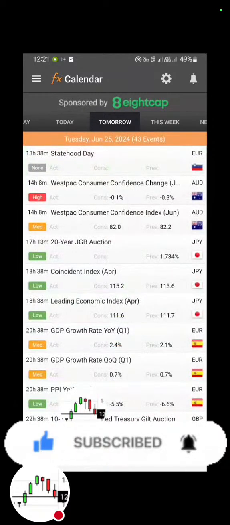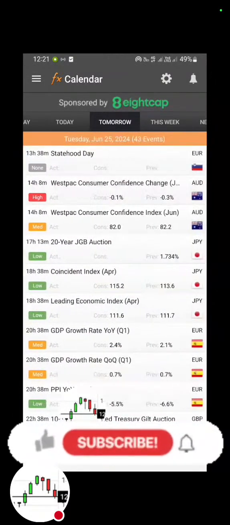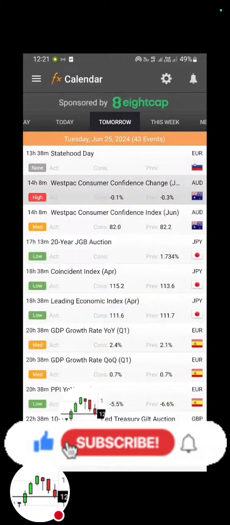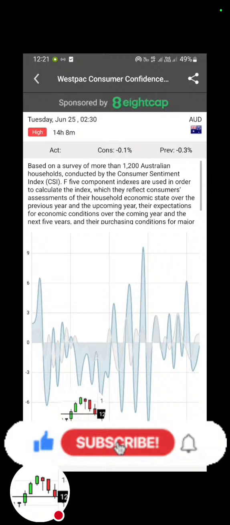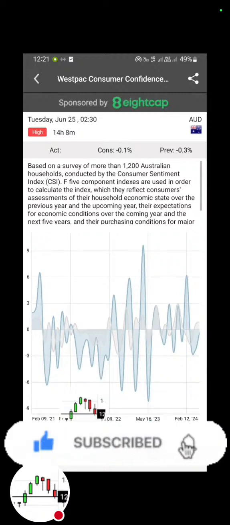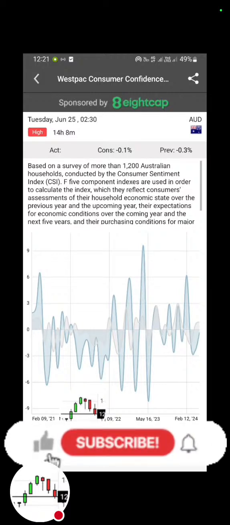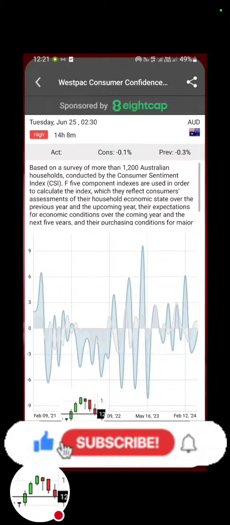So let's check for the important one. You can see the gray color because I cannot use any other app. So for AUDUSD, there was a fundamental which was high. So let's say I want to trade this fundamental news.